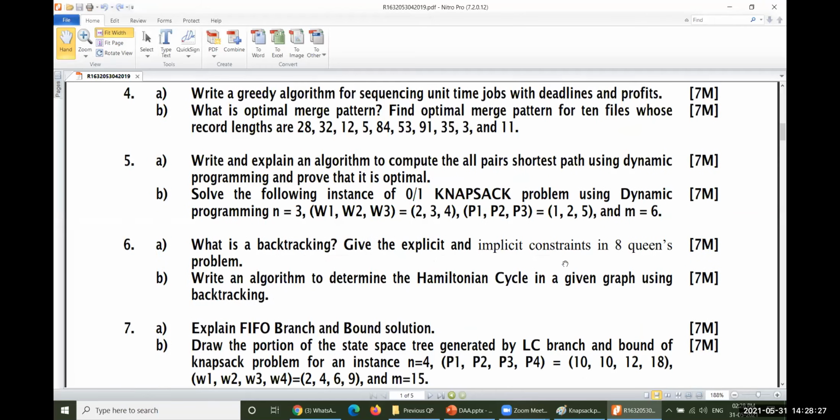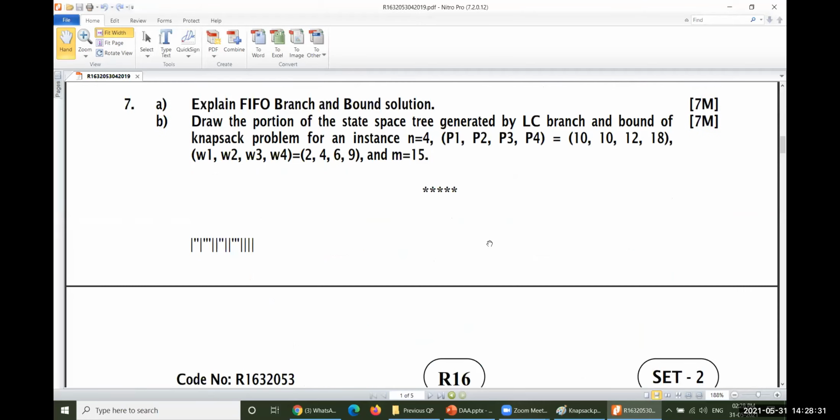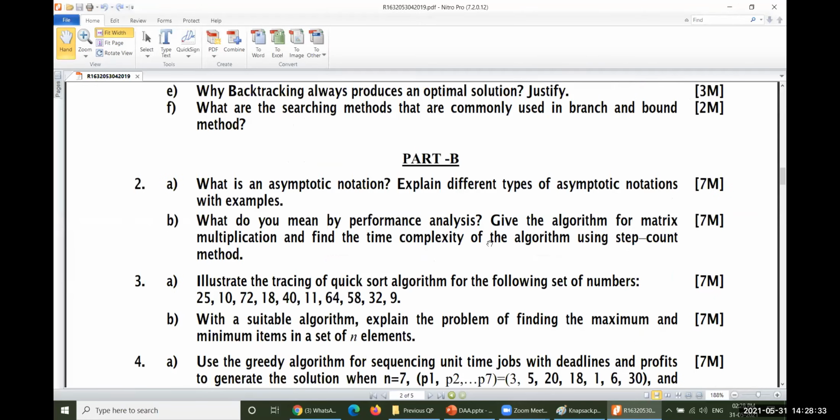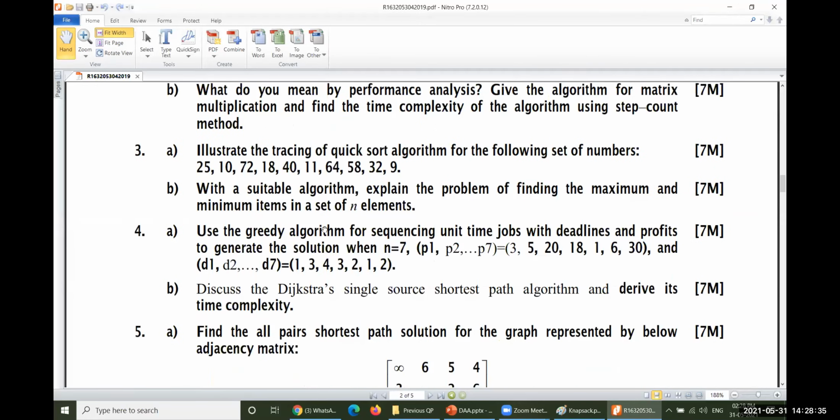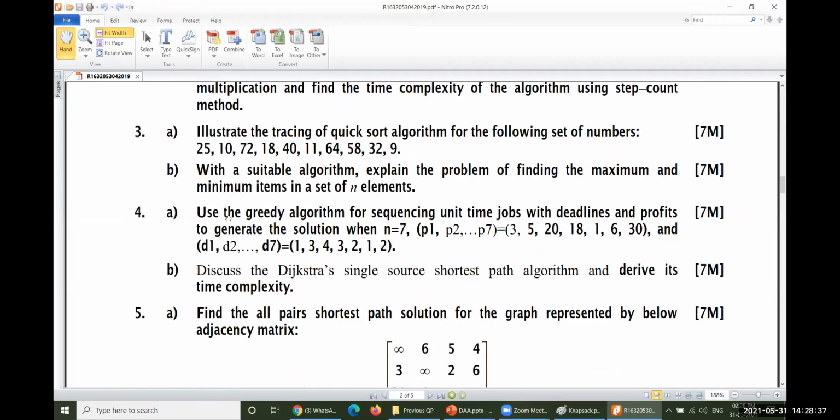Dynamic programming cannot be solved using greedy. Yes, this one, greedy method. Use greedy algorithm for sequencing unit time job scheduling. No, sorry, it is job scheduling actually.